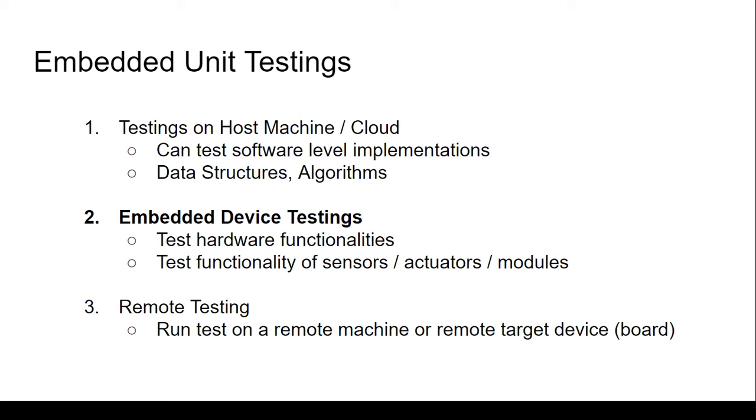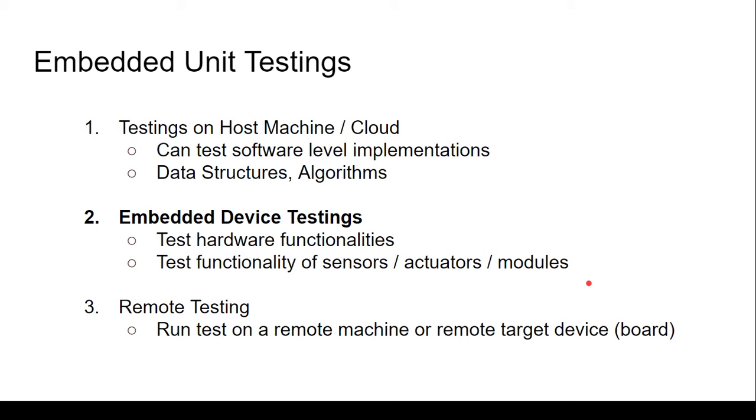You can test the functionality of these things on your host machine. It is the first type of embedded unit testing. The second type, embedded device testing, means you need to make sure some hardware functionalities are working correctly. So you can write tests targeting hardware components like sensors, actuators and modules.